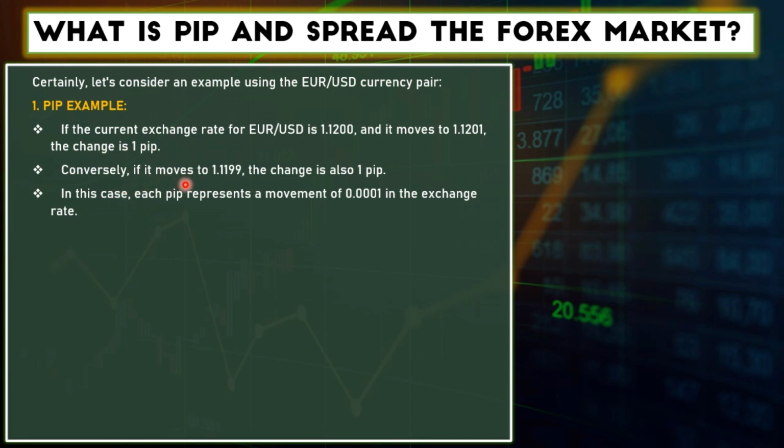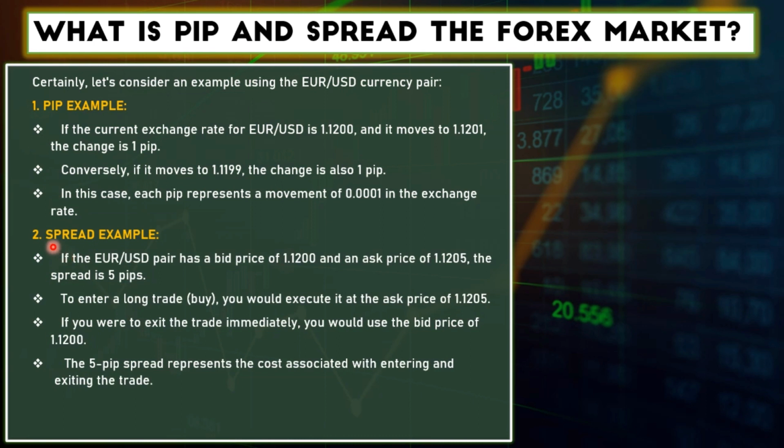Conversely, if it moves to 1.1199, the change is also 1 pip. Just one digit is removed from that figure. In this case, each pip represents a movement of 0.0001 in the exchange rate.